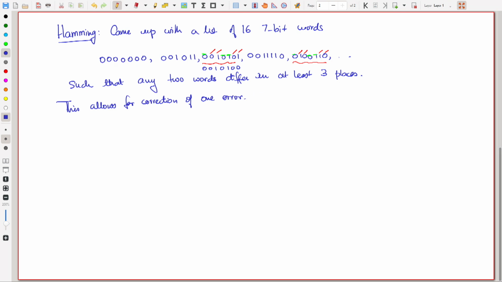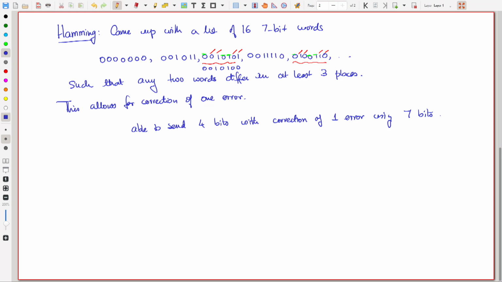Here what we are doing is we are able to send 4 bits with error correction, with one error correction, using a total of 7 bits, which is much better than using 4 3s or 12 bits by the just repeat kind of trick.